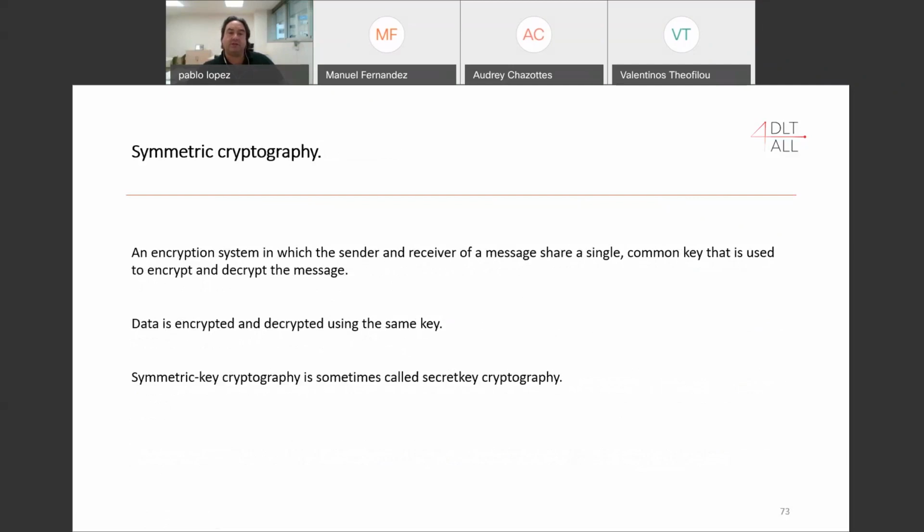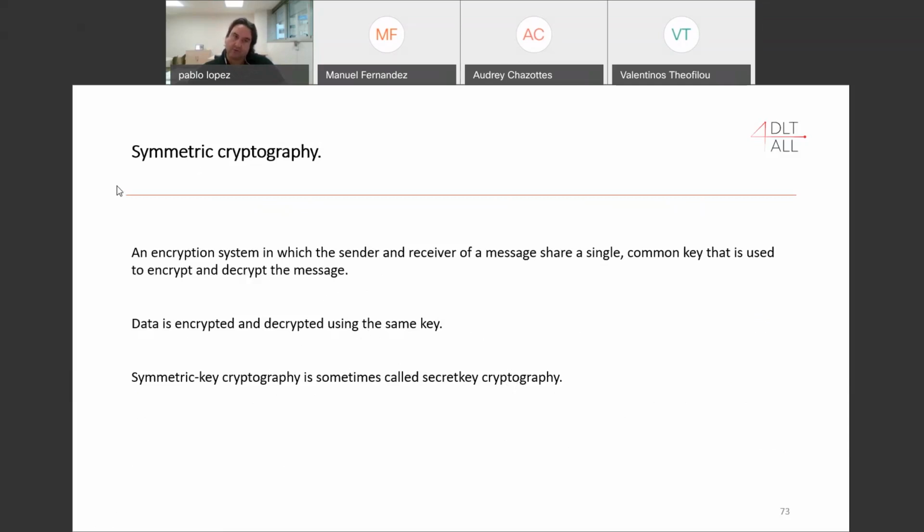So, an encryption system in which the sender and receiver of a message share a single common key that is used to encrypt and decrypt the message. That is the description of symmetric cryptography. Data is encrypted and decrypted using the same key. Symmetric cryptography is sometimes called secret key cryptography.